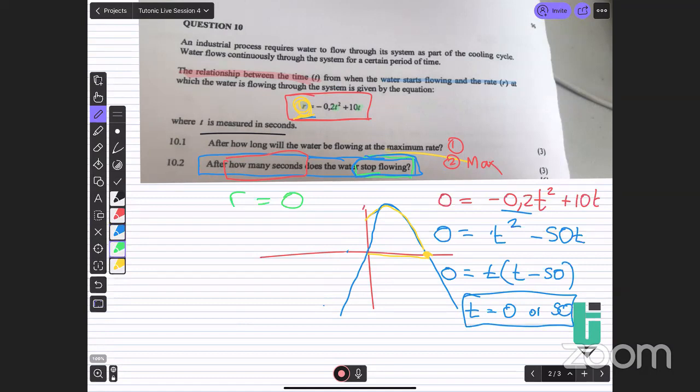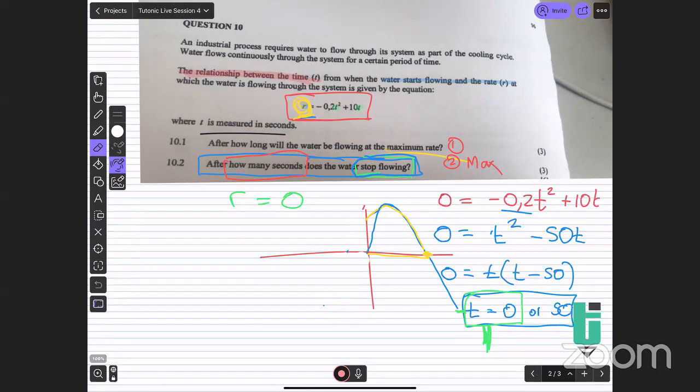Yeah, because if you think about it, when you started, there's no flow in any case at the start, right? When t is naught. You only turn on the machine at t naught. So that's why it makes sense that at t equals naught, there's no flow.